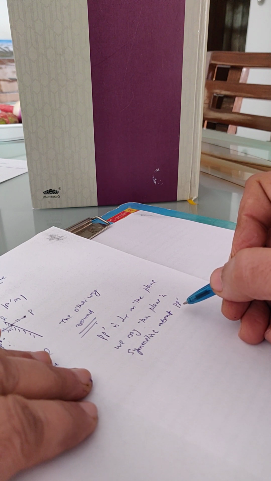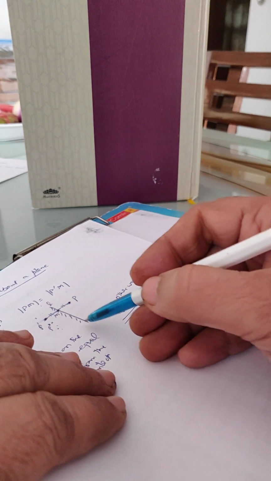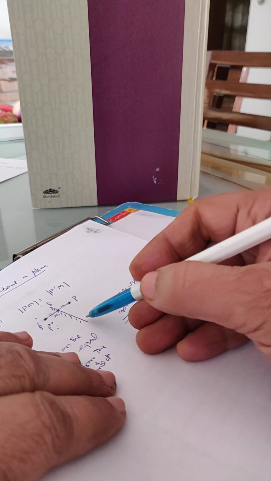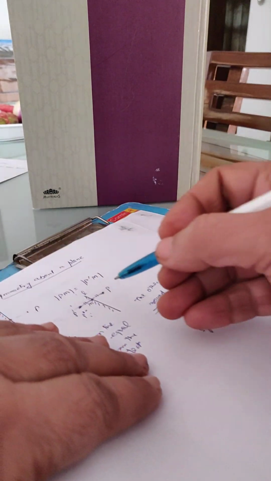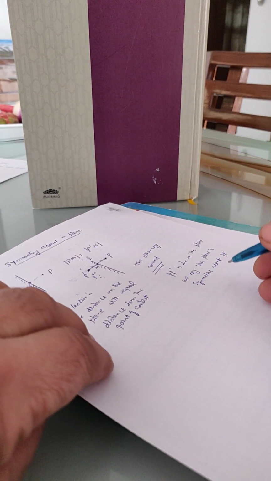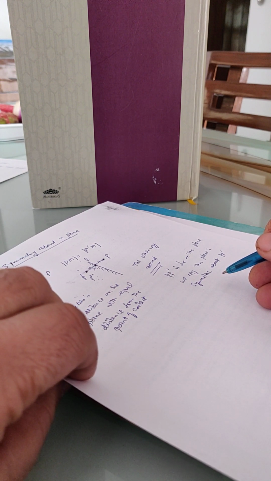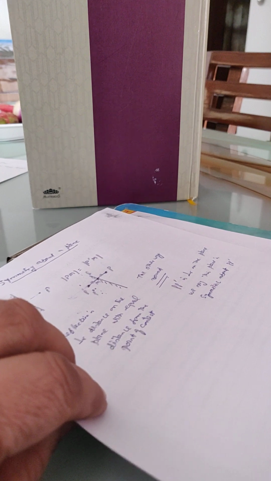This is a line segment. It divides it into two parts. This is equal to this. So we say symmetric. This line is symmetric about this line. So the word symmetry or symmetric comes into picture.